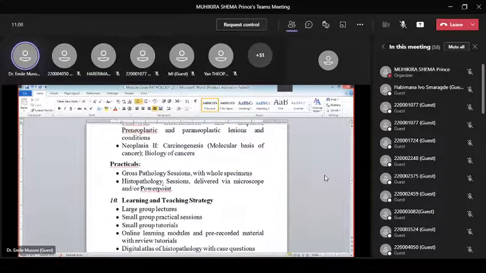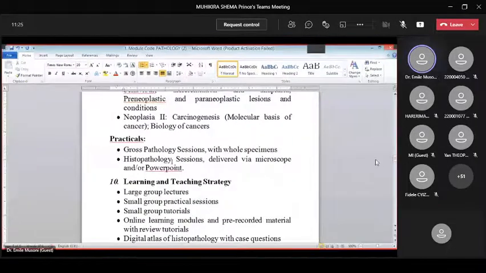As we have seen in the histology, pathology also has practical work. Technology, techniques, tissue preparation, and then presentation of the... about teaching.